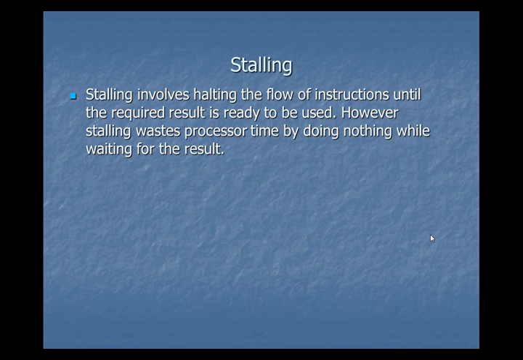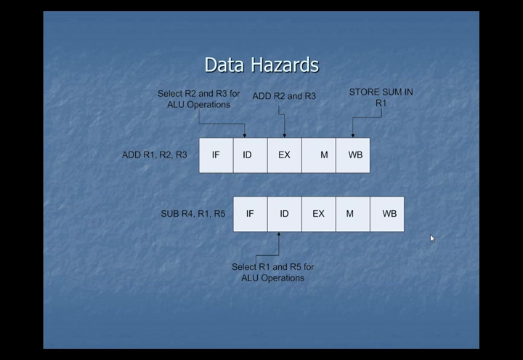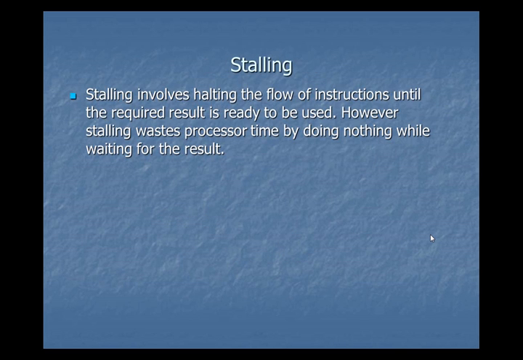This is the example for data hazard: IF, ID, EX, as I told you, subtract, store the output. Now, stalling. Stalling is used for removing which hazard? Structure hazard.